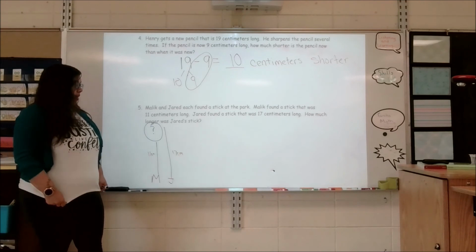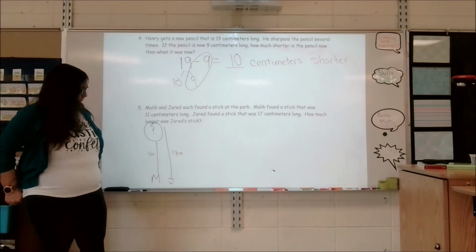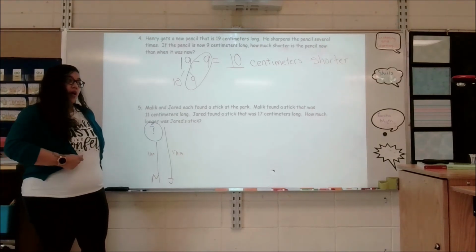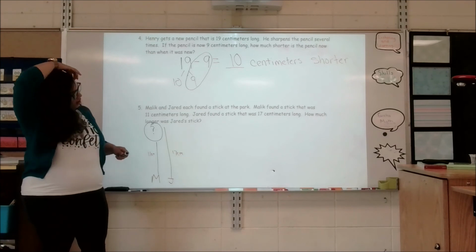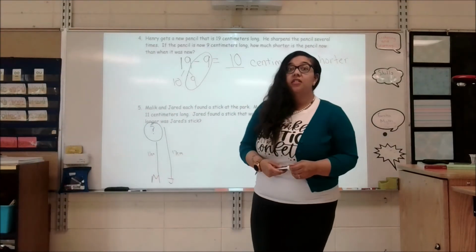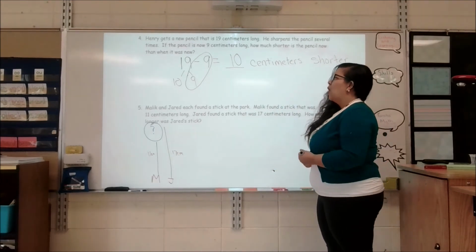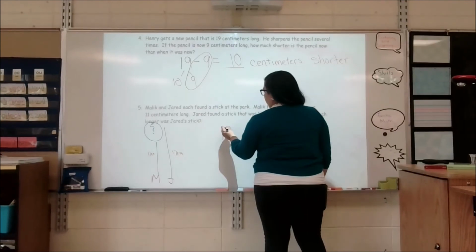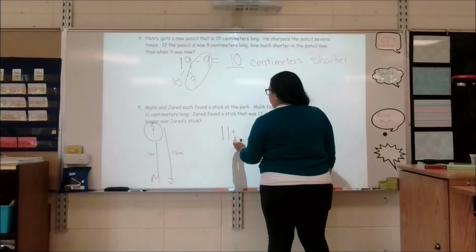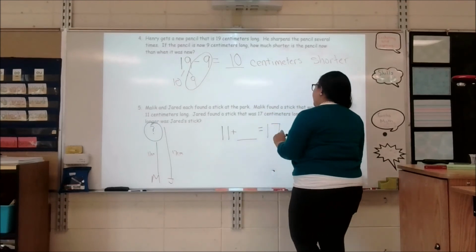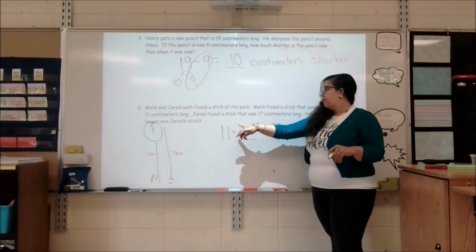Good. So this time, I want to count on. I want to use a missing number addition sentence to subtract. Because when we have a missing number addition sentence, it is the same as saying 17 minus 11.